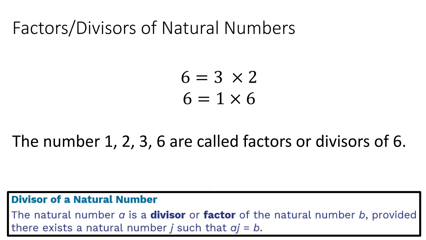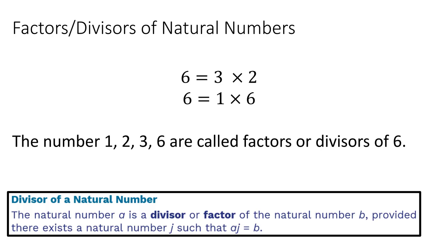All of these numbers, 1, 2, 3, and 6, are called factors or divisors. These two words are actually synonyms, but when we think of the word factor, we're thinking of multiplication, like this is a number that multiplied by another number will give you 6. And when we think of divisors, we're thinking of division, like this number fits evenly into 6.